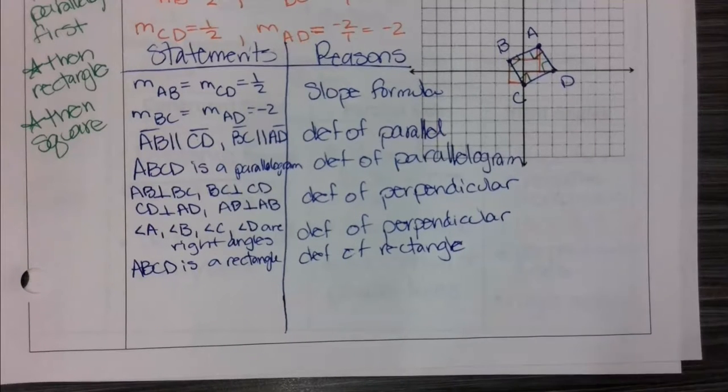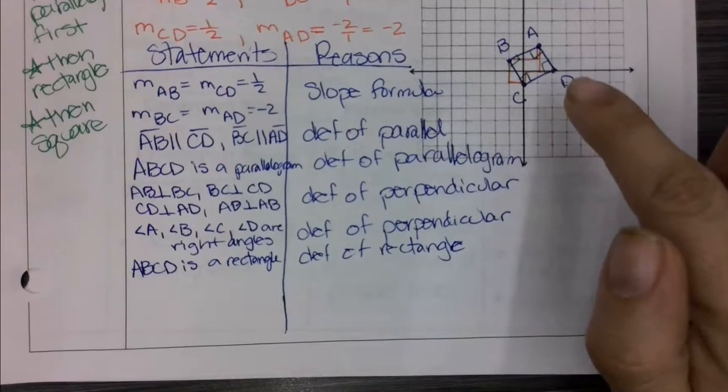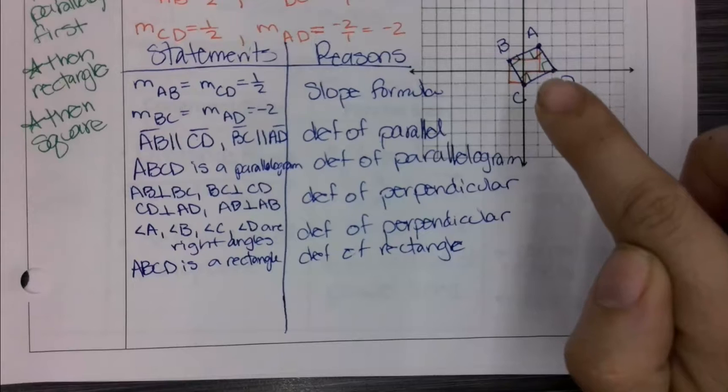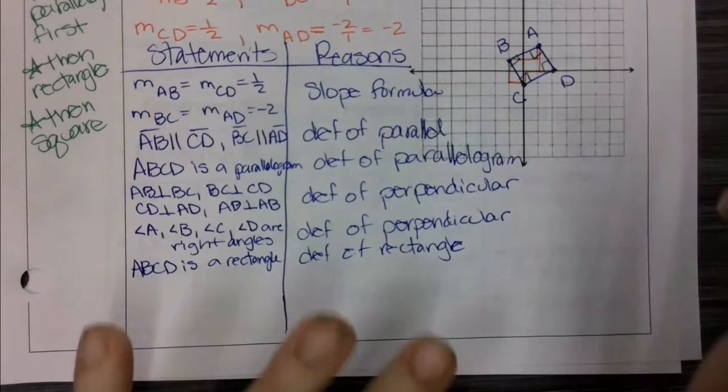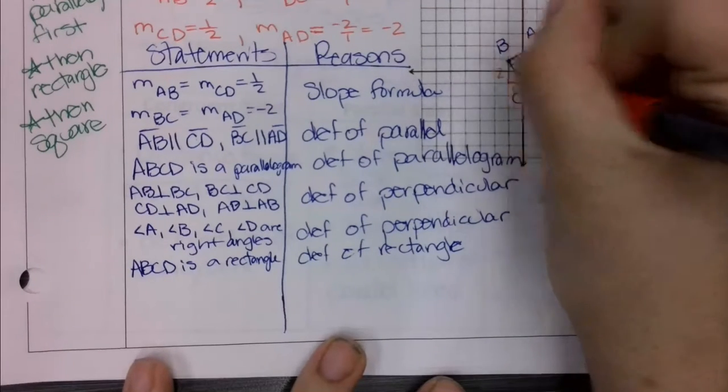So, if we notice, all of our slope triangles, the red ones, when I did them, they were all the same triangle. So I just need to find the length of one of them. So it was up 2 over 1.